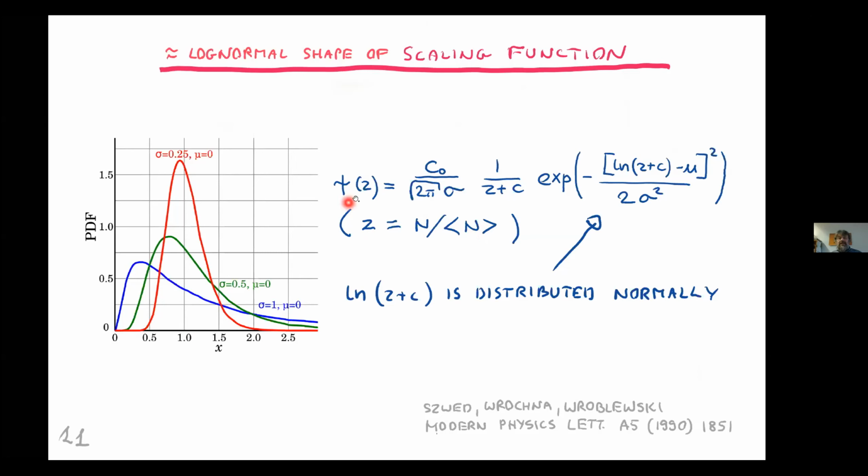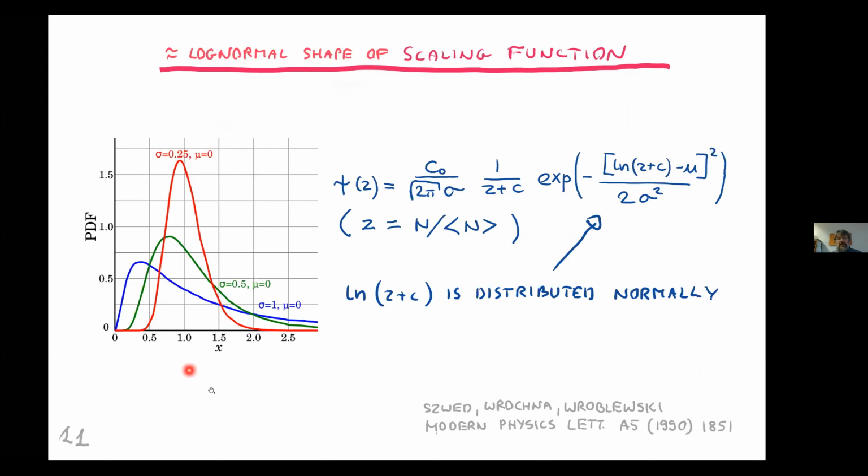and then the scaling function c(z) is some constant factor, 1 over z plus c, and then you have something which resembles the exponent of the Gaussian, but instead of z or n, we have here log z. So actually log z plus c is distributed normally.